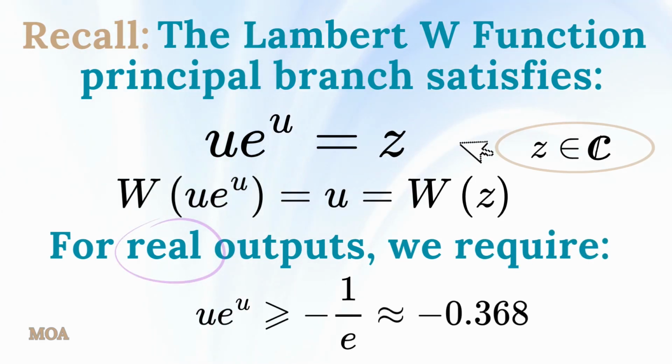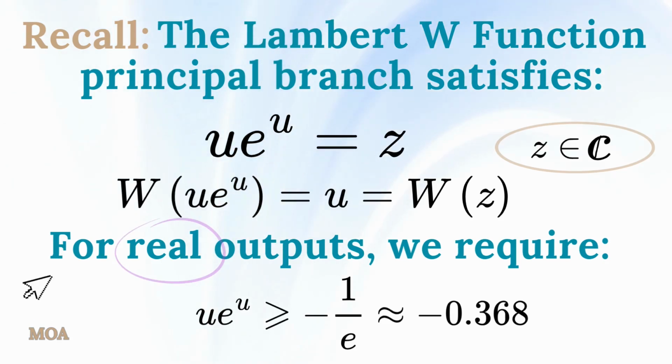For any real or complex number z, the equation u times e raised to the power of u equals z is solved by setting u equal to the Lambert-W function of z. Consequently, the Lambert-W function of the quantity u times e raised to u simplifies directly to u.